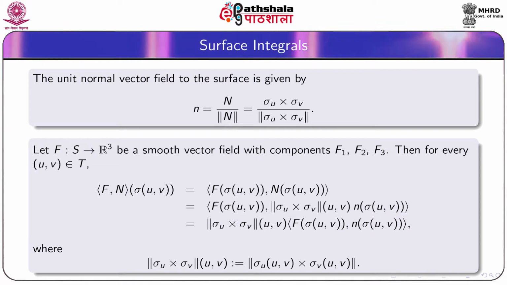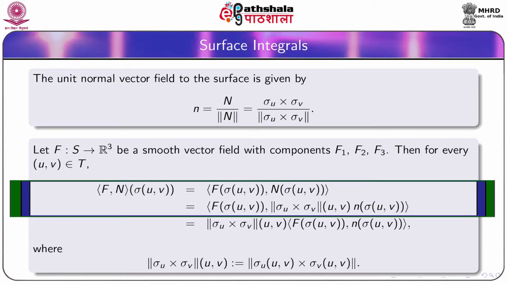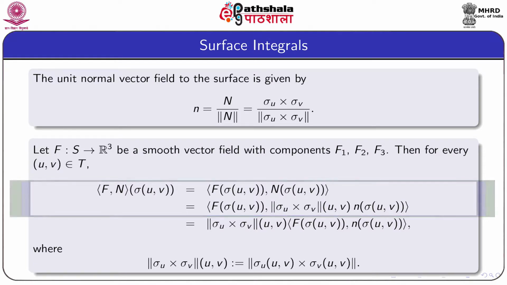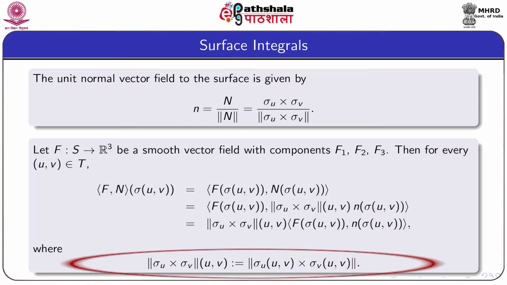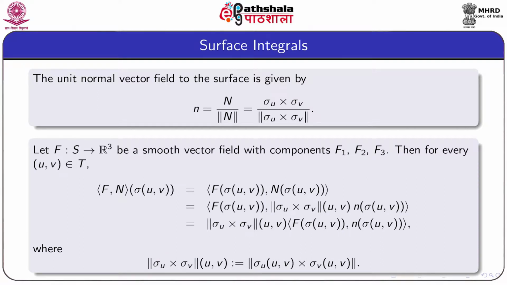Then for every (u,v) in T, we find that the inner product of F and n applied on sigma(u,v) equals the inner product of F(sigma(u,v)) with n(sigma(u,v)). So, it equals the inner product of F(sigma(u,v)) with norm of sigma u cross sigma v at (u,v) times n(sigma(u,v)), and this equals norm of sigma u cross sigma v at (u,v) times the inner product of F(sigma(u,v)) and n(sigma(u,v)), where norm of sigma u cross sigma v at (u,v) equals norm of sigma u(u,v) cross sigma v(u,v).